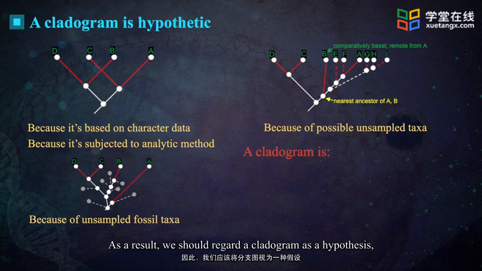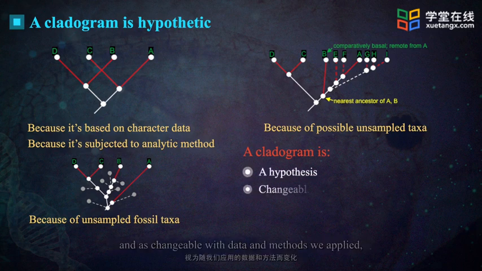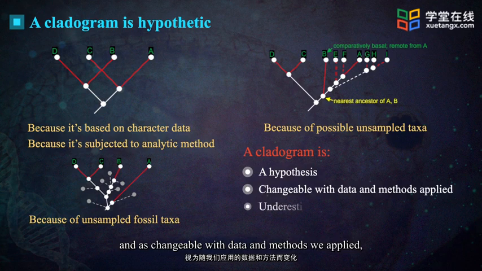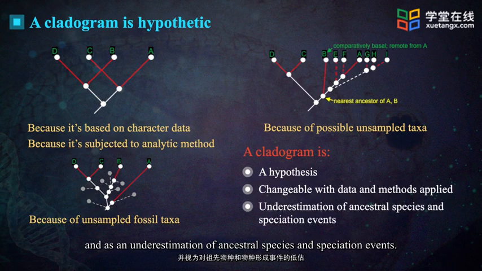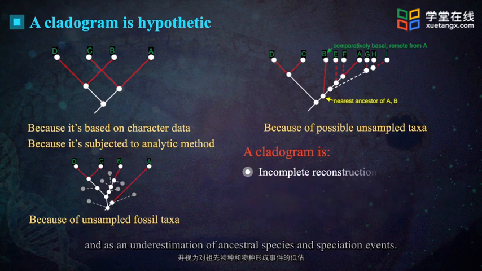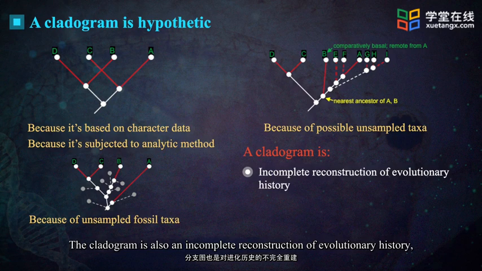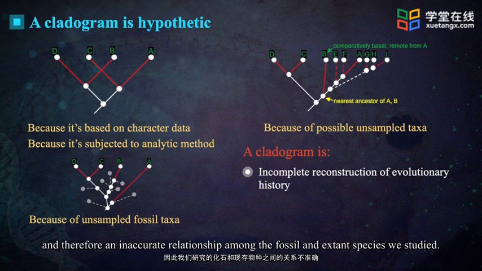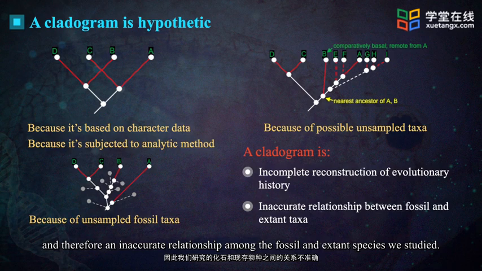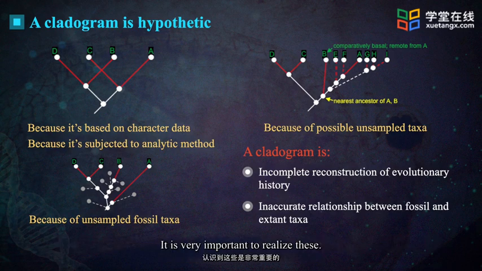As a result, we should regard a cladogram as a hypothesis and as changeable with data and methods we applied, and as an underestimation of ancestral species and speciation events. The cladogram is also an incomplete reconstruction of evolutionary history, and therefore an inaccurate relationship among the fossil and extant species we studied. It is very important to realize this.